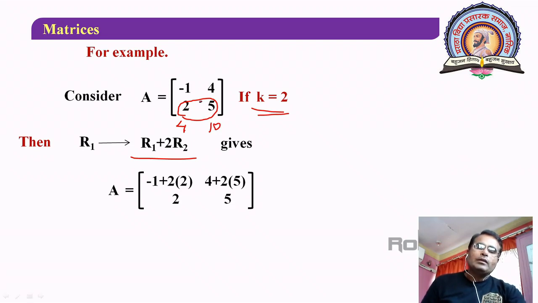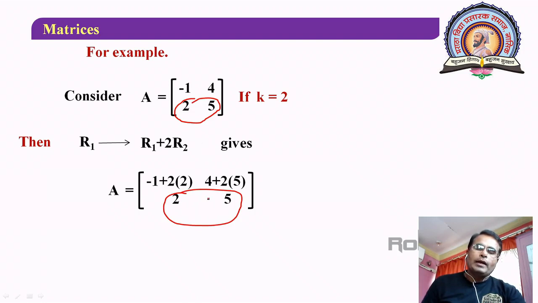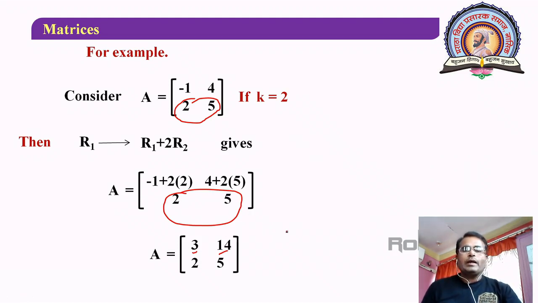I told you there is no change in the second row, as this is done only for the change in R1, not in R2. 2 5 remains as it is in the resultant also. The actual matrix we get here is minus 1 plus 4, that is 3, and 4 plus 10, that is 14. There will be no change in the second row.